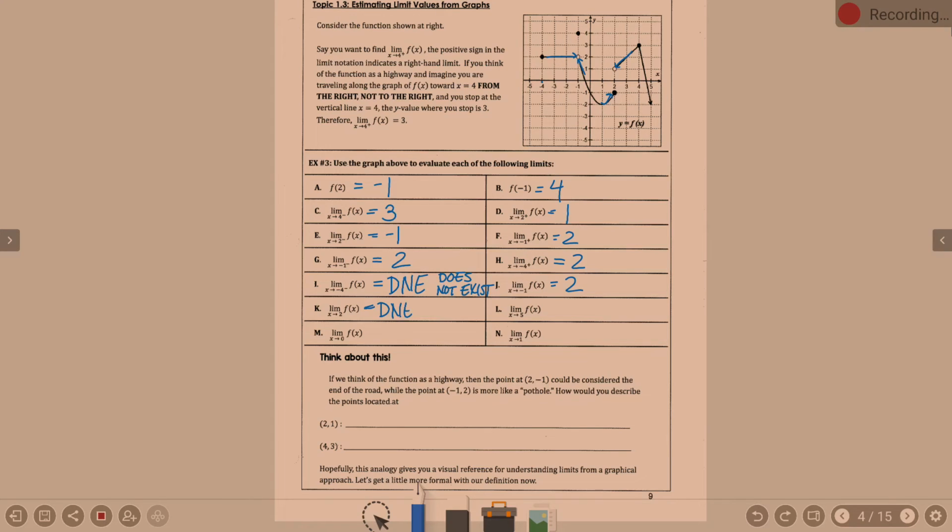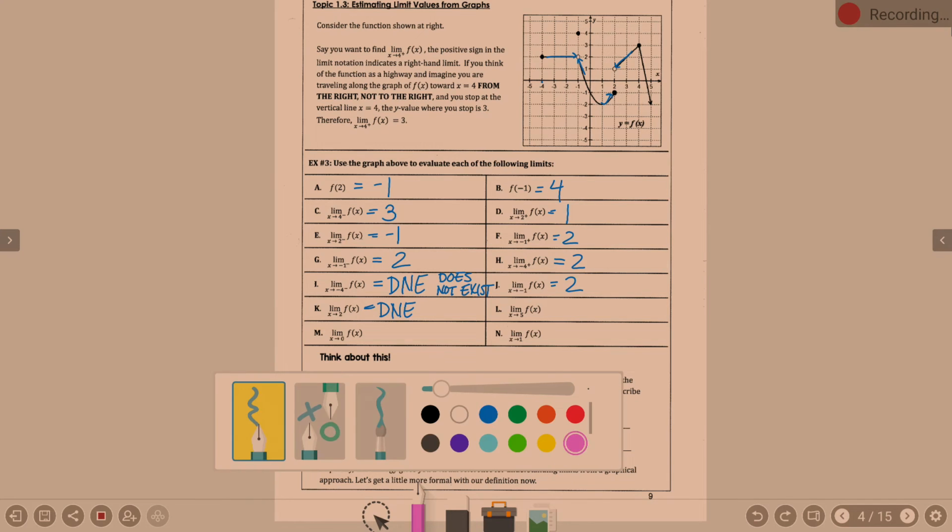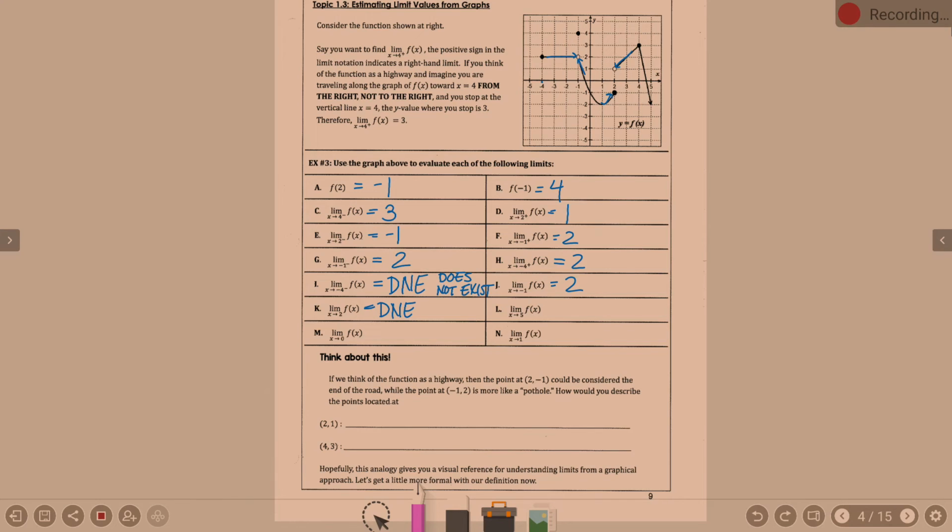In order for that limit to exist, it has to be the same value on left and right. And that goes back to part E, and we did the other one, part D, right? Those two were different answers, so this answer does not exist.